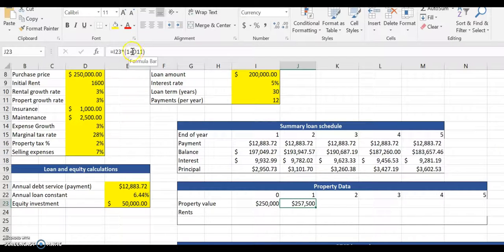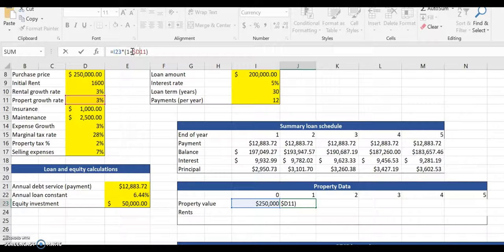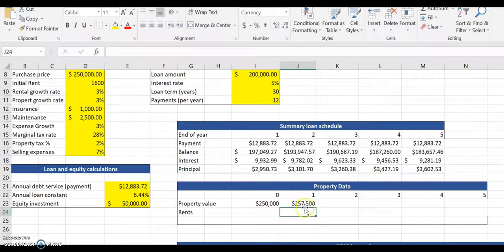We'll lock that down, and not the I-23. Now, that will come across.